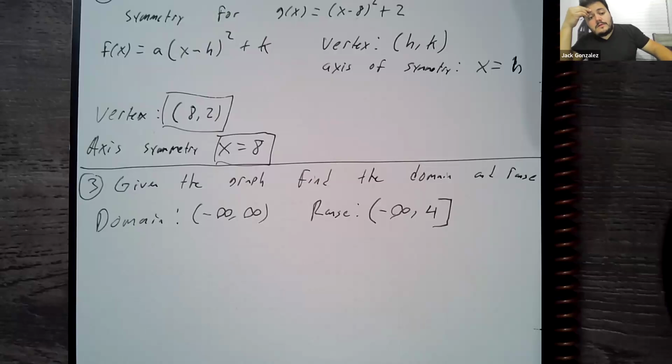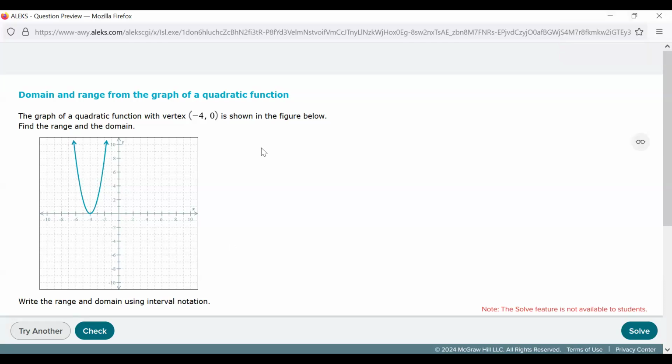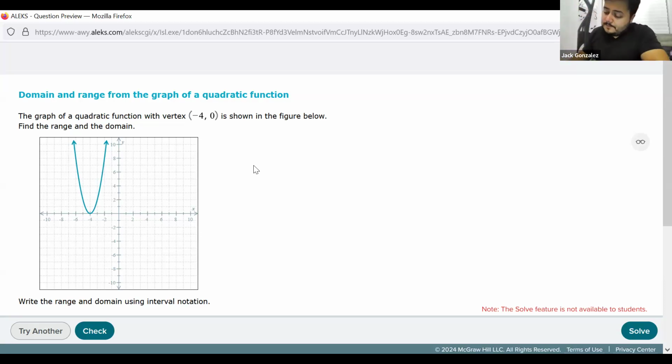All right. Well, y'all tell me this one. Can you see the graph? Yes. So what is the domain for the parabola? Infinity to negative infinity.